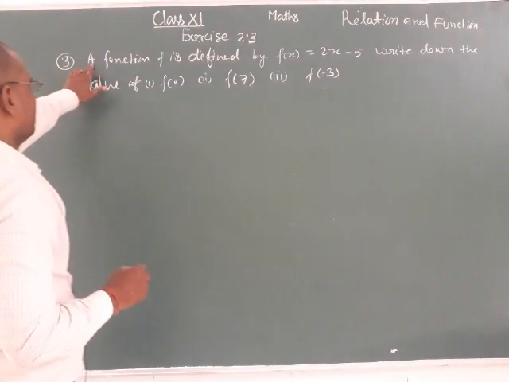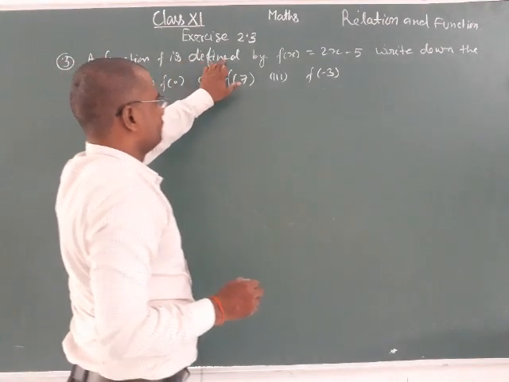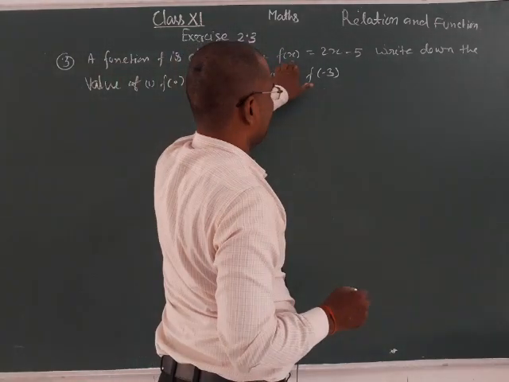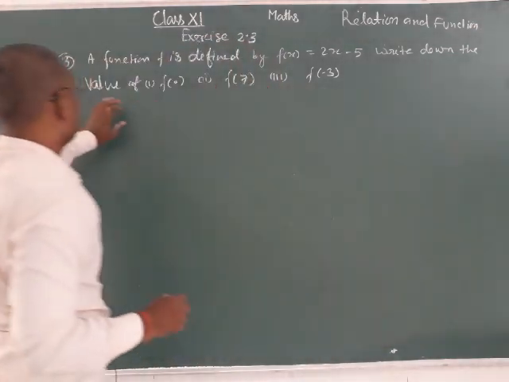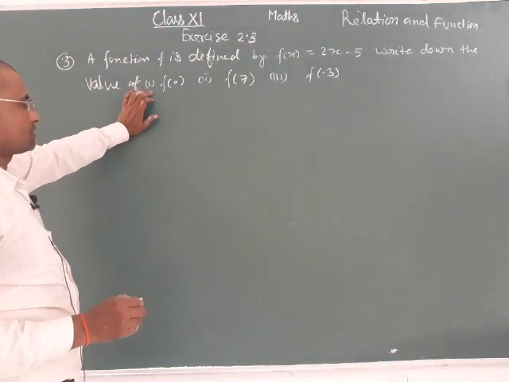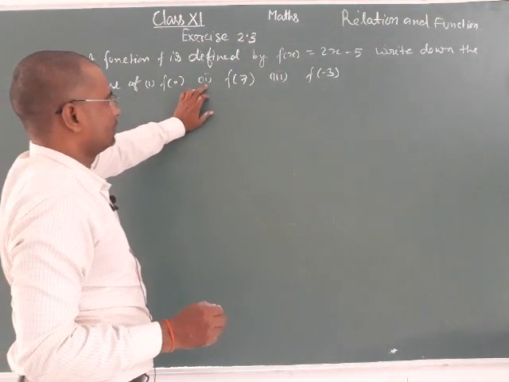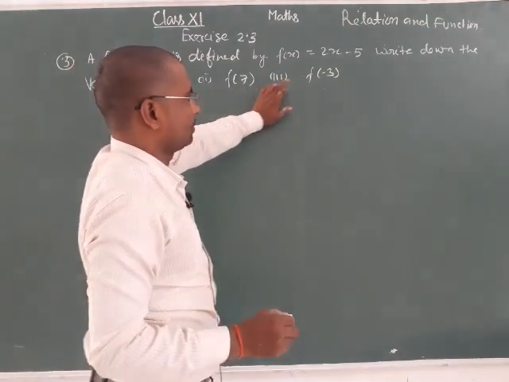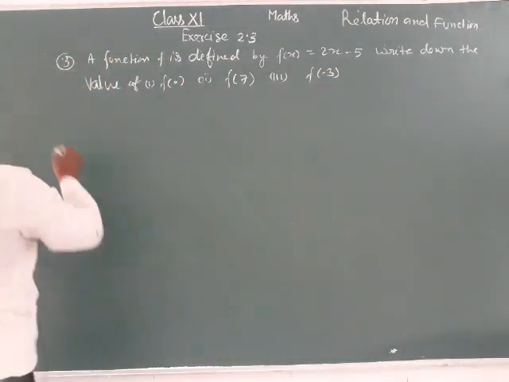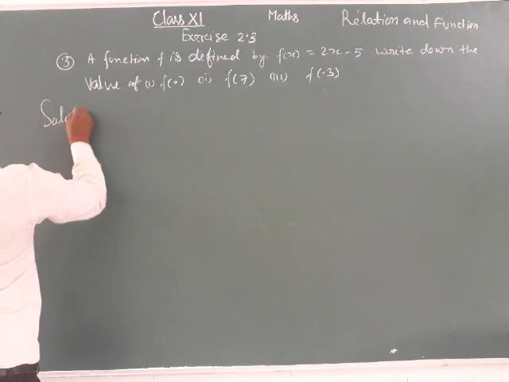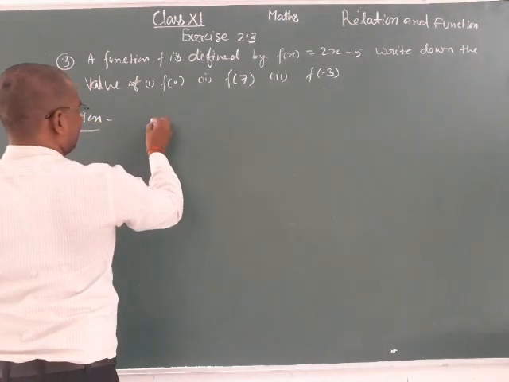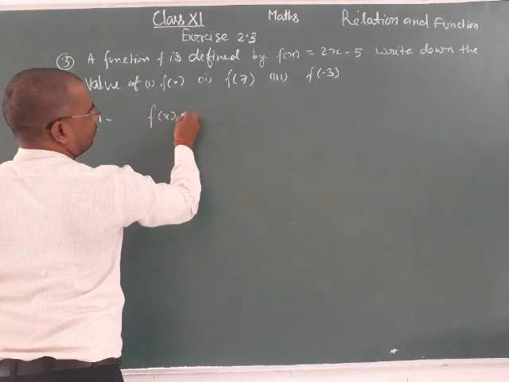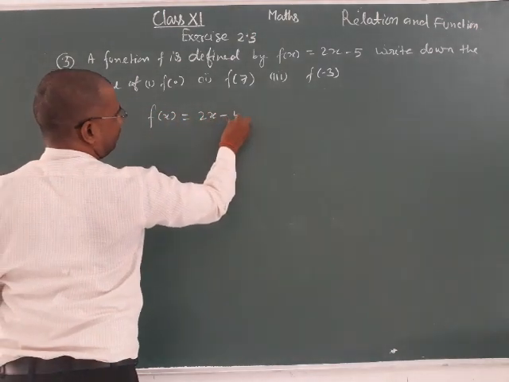Question number 3. A function f is defined by f(x) is equal to 2x minus 5. Write down the value of first part f(0), second f(7), third f(minus 3). Let us start the solution. Given function f(x) is equal to 2x minus 5.